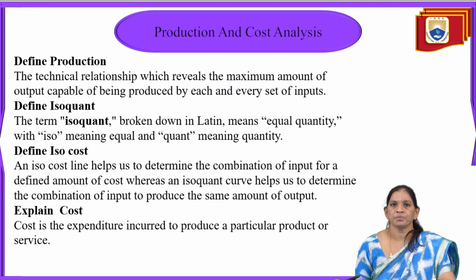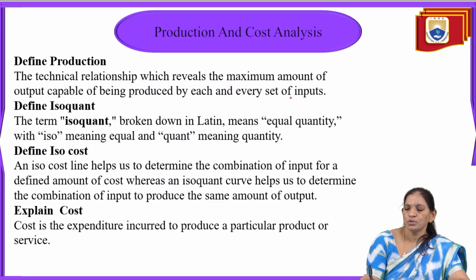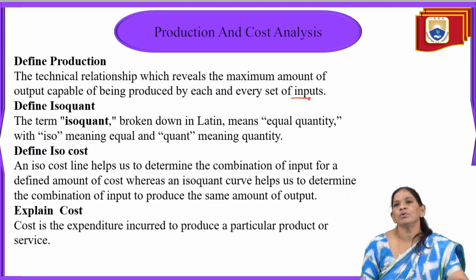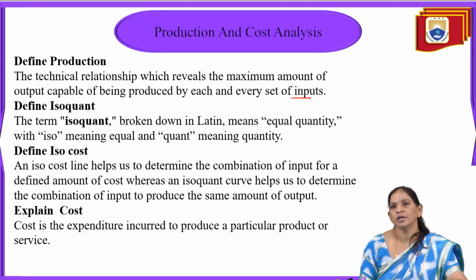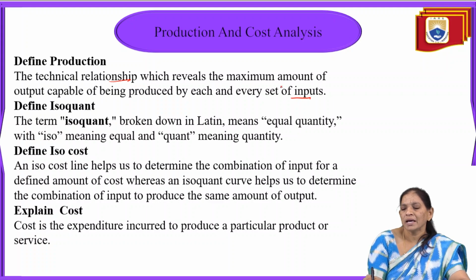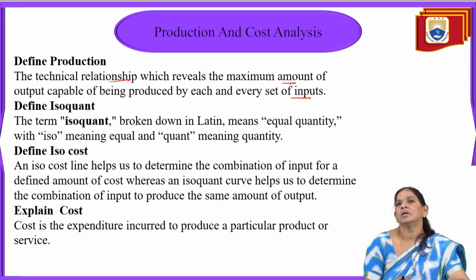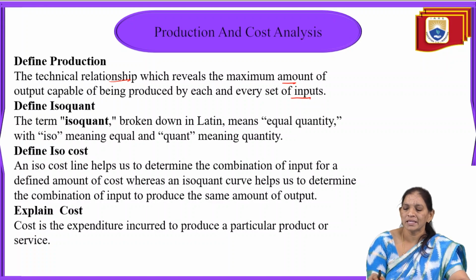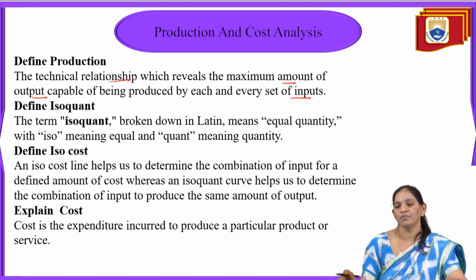Define production. The technical relations which reveal the maximum amount of output capable of being produced by each and every set of inputs. Here, production means what we want to give as output at the end of the day or the end of the activity. The relationship between the inputs we are using in the production process gives us the maximum quantity of output we are getting.